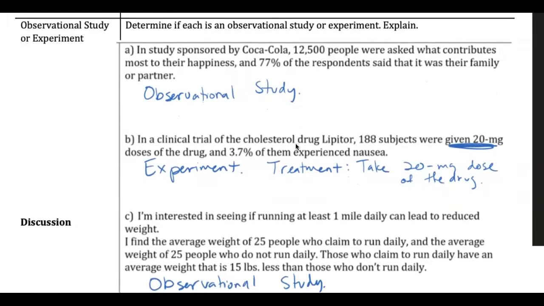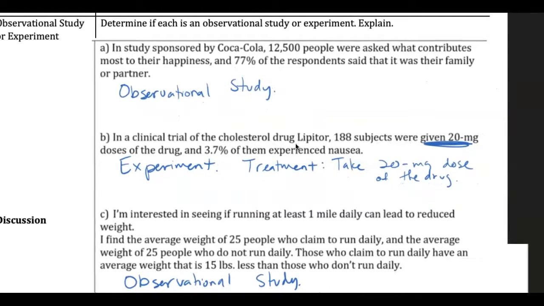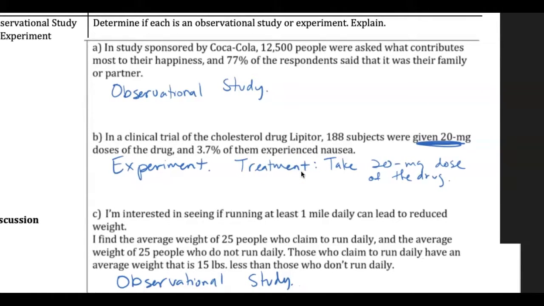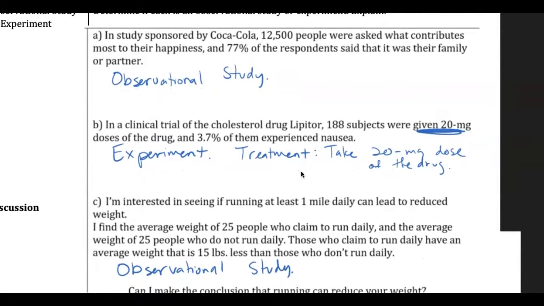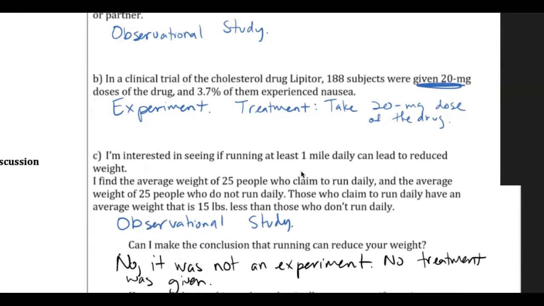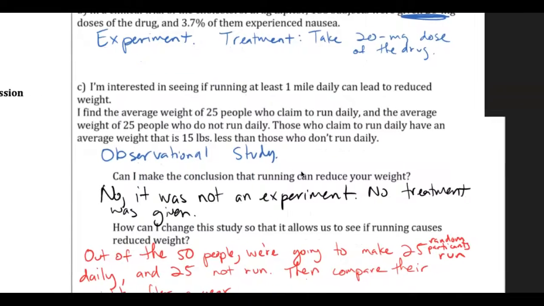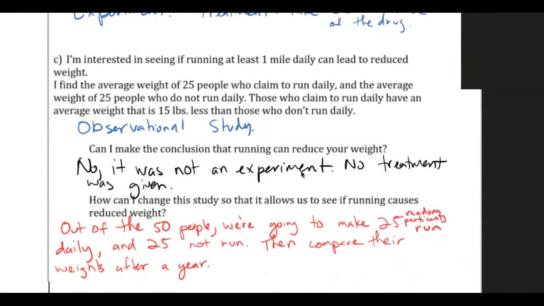The second example is an experiment because there's a treatment, right? The subjects were given 20 milligram doses of the drug, and then we studied to see what happened. And in this case, we got a percent or proportion of them that experienced nausea after receiving that drug. And the third one is an observational study, right?